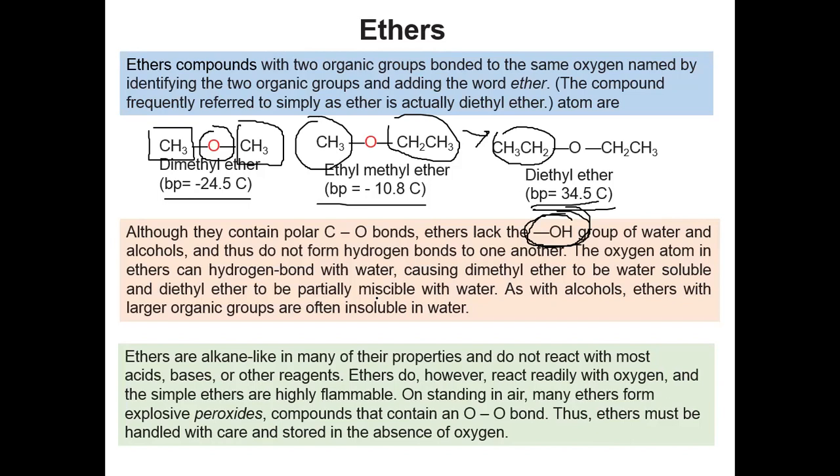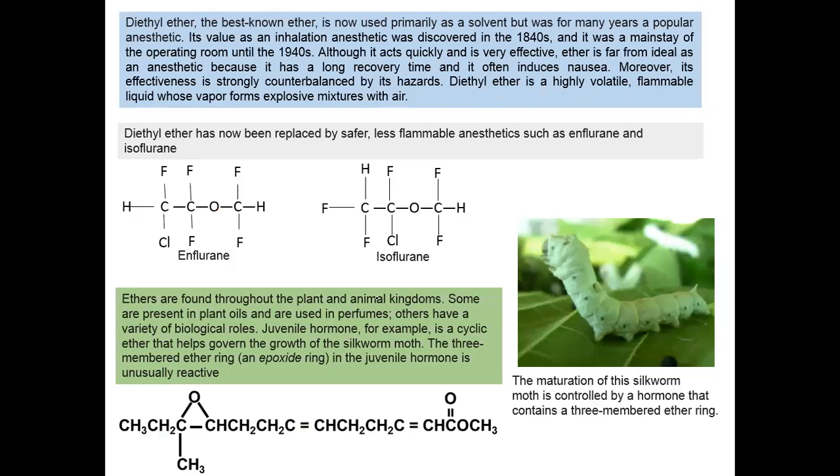Okay, so we should not keep them in air because many ethers form explosive peroxides, which contain oxygen-oxygen bonds, and ethers must be handled with care. This is some derivatives from ethers. For example, diethyl ether has now been replaced by safer, less flammable anesthetics because diethyl ether was used as an anesthetic.